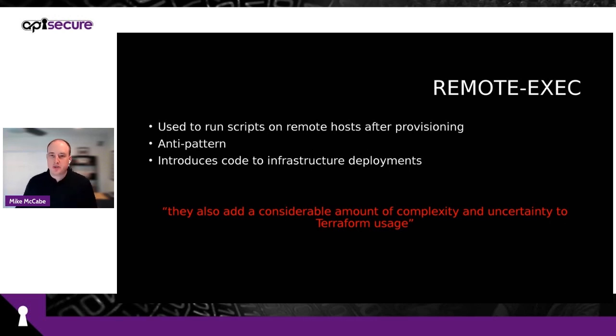Perl is always a great choice. I grew up on Perl, so I can't hate on it too much. But it introduces those languages into an infrastructure as code environment, and that's two different levels of code you have to understand and secure. So it adds a lot more complexity. And this is from the Terraform documentation: they also add a considerable amount of complexity and uncertainty to Terraform usage. So the general recommendation is to not use them.